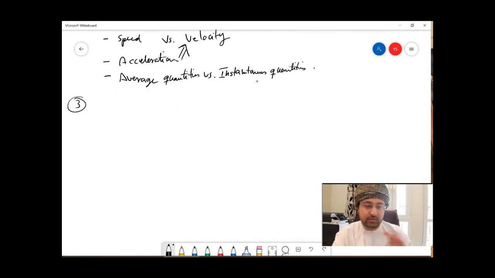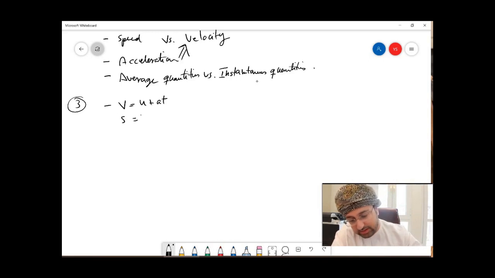Unless we go near the speed of light, most of these would work. We have equation 1, v equals u plus at. Equation 2, s equals ut plus half at squared. And equation 3, v squared equals u squared plus 2as.